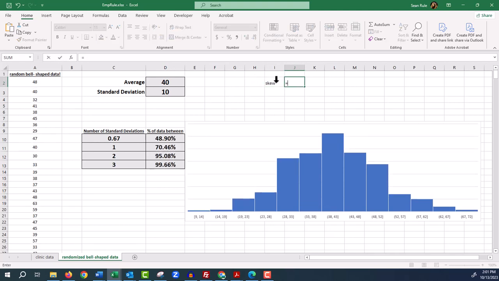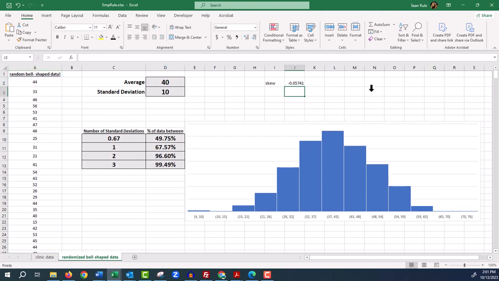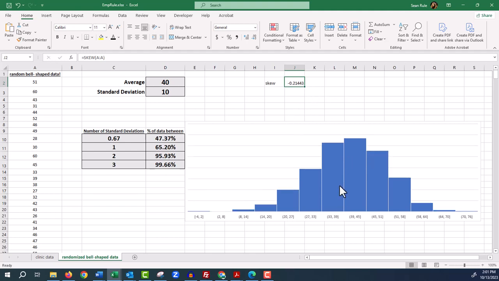I don't get into it in 243 all that much because the interpretation of skew is a little bit hard. Negative skew, like this one up here, implies that the average is a little bit left of where the median is, which means the data is a little bit heavier on the left side. A positive skew means the data is a little bit heavier on the right side.